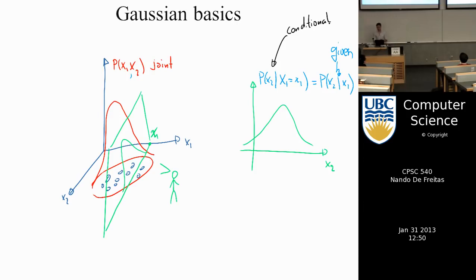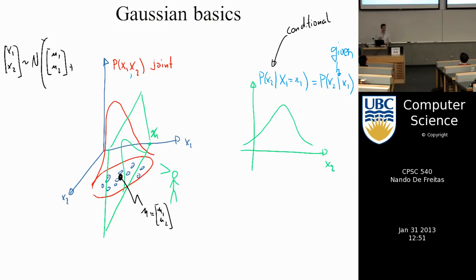Okay. Now, let us assume that the distribution of x1 and x2, the joint, is Gaussian with mean. The mean is the center. mu1 and mu2.